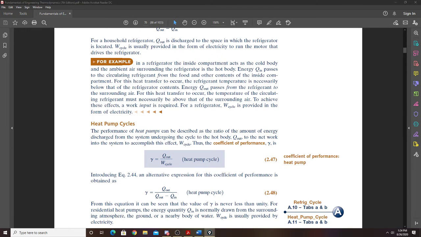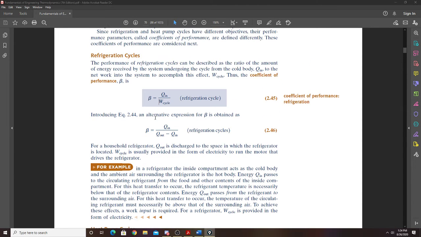And the reason why is because in the refrigeration cycle, it's all about what you were trying to do. So real quick, efficiencies in this class and coefficient of performance can be written as the goal of the system over input, right?